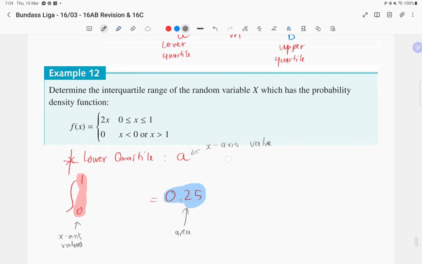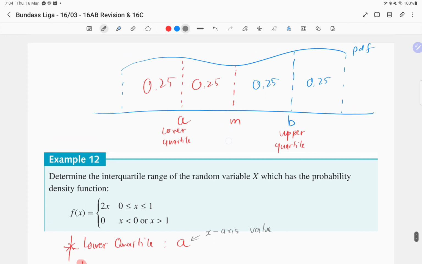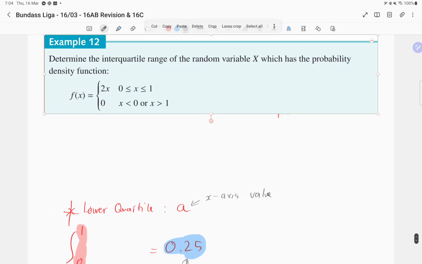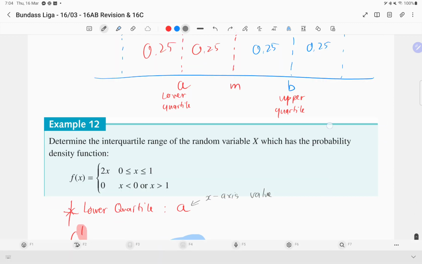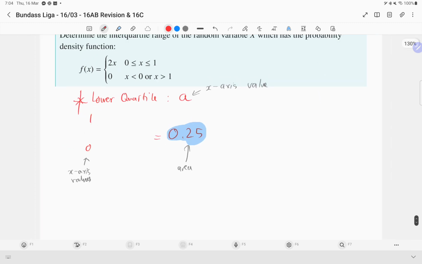The upper quartile is also on the x-axis, same with the median. And the other thing is the area. So the area is 0.25, but how do we get 0.25? It's essentially anti-deriving from the left to the lower quartile. Does that make sense?